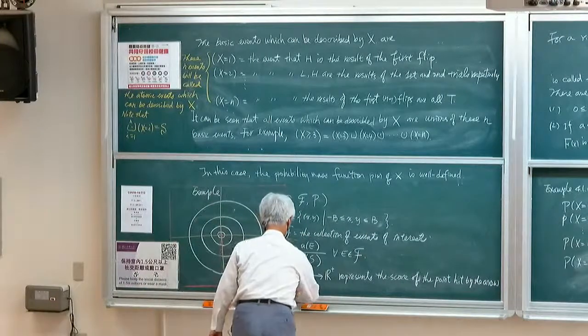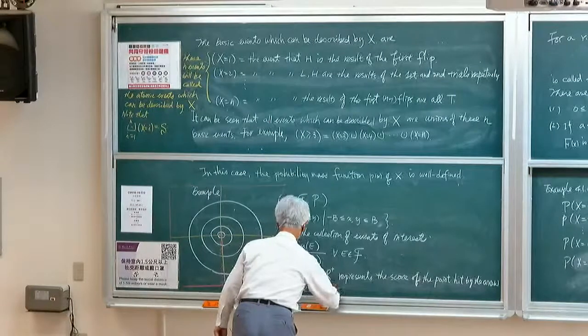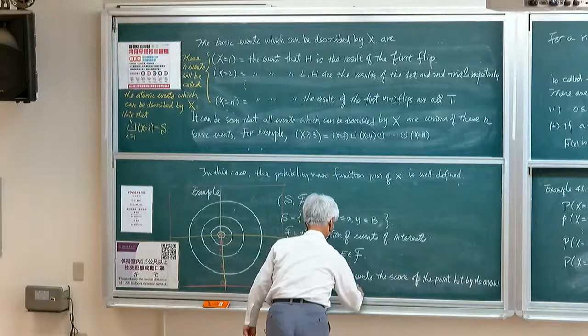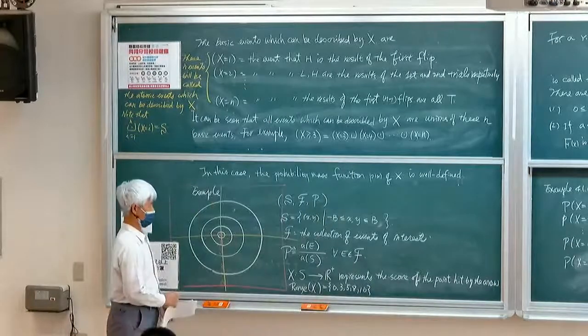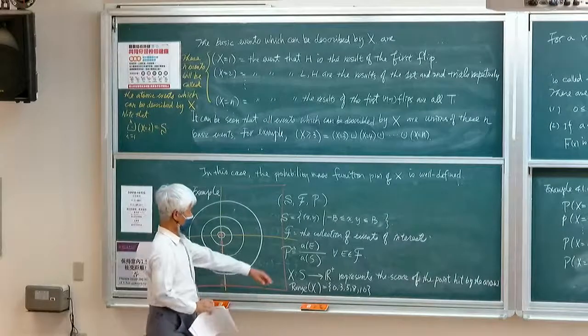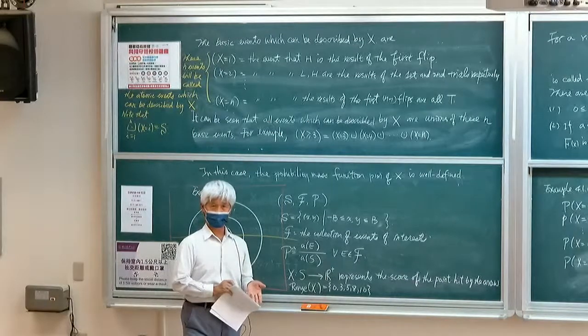And so the range of X would be 0, 3, 5, 8, and 10. So there are only 5 possible values. So X is the discrete random variable, of course.